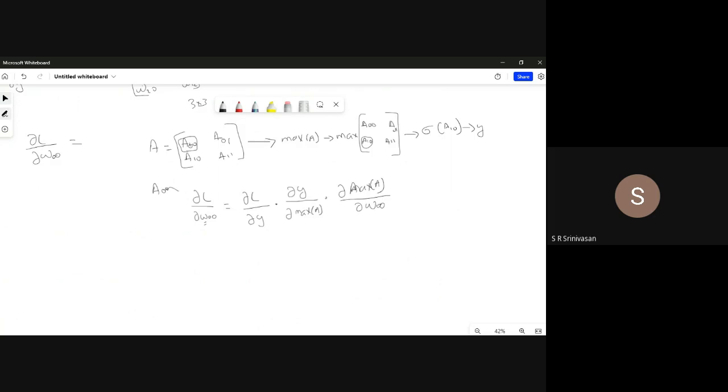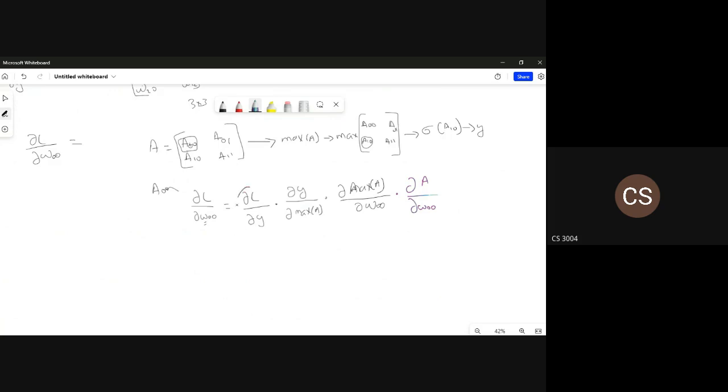Still, it would be dou max of A divided by dou A00, and then dou A00 by dou W00. I'm just being pedantic. Yes, that's correct. There will be additional terms, all these terms. Somehow we have written an expression.